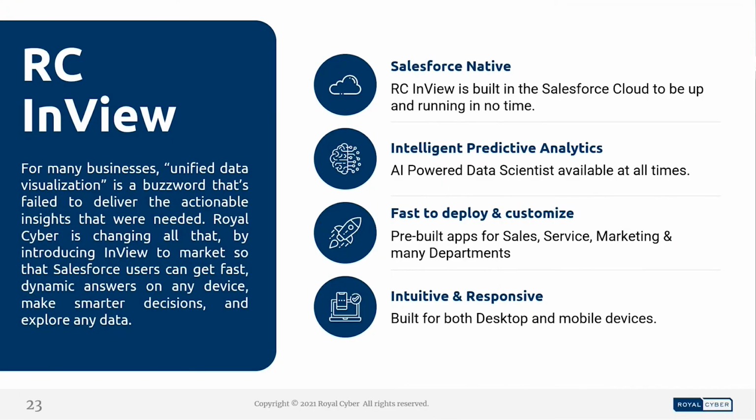So on this ground of connected systems, at Royal Cyber we've got our own product called RC InView, and basically this is a lighter and smaller version of a Salesforce original product called Salesforce Customer 360.